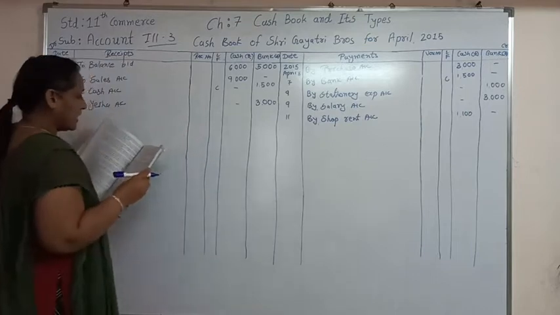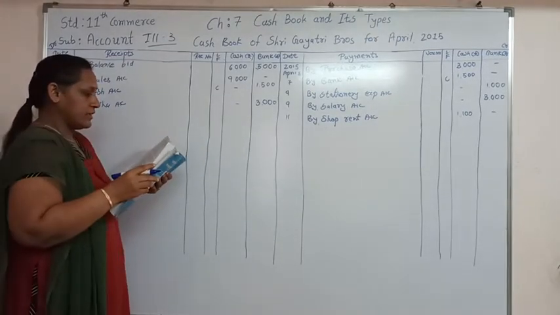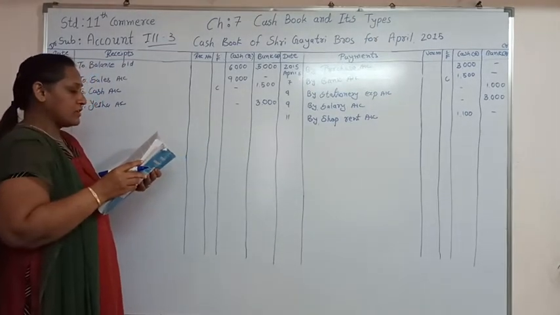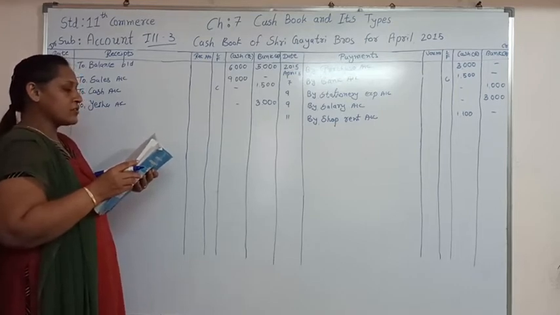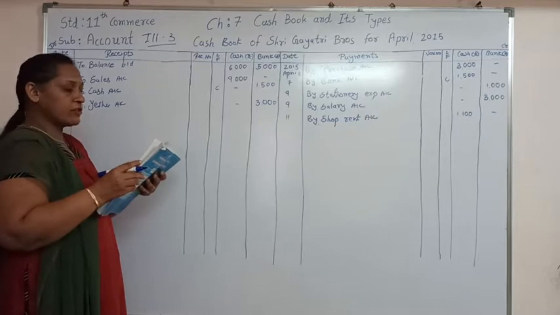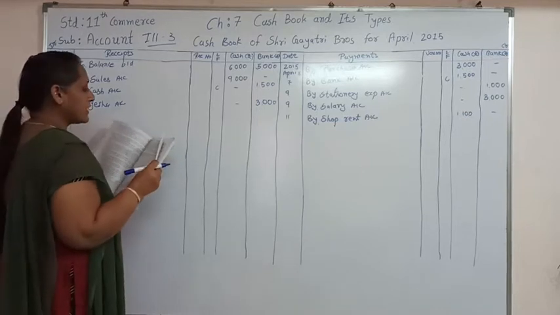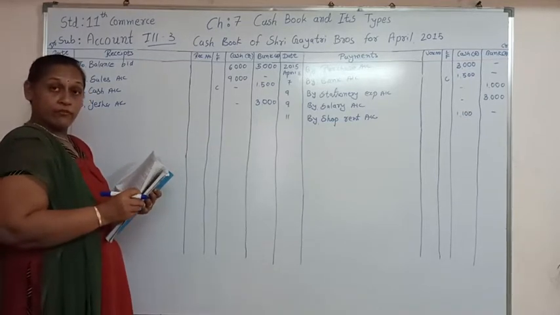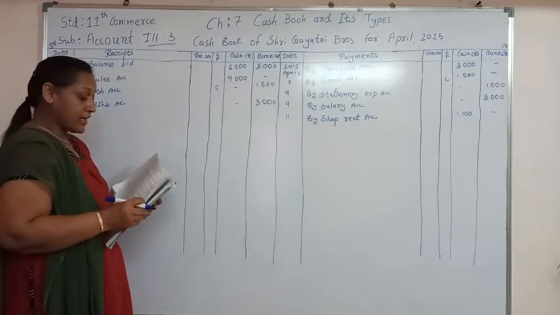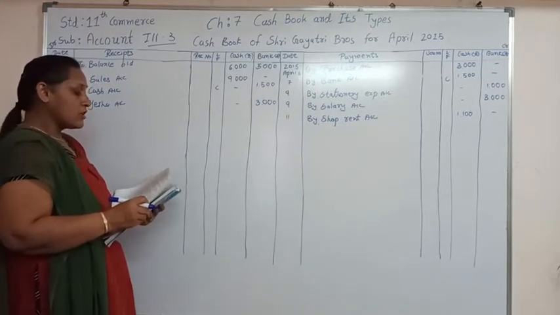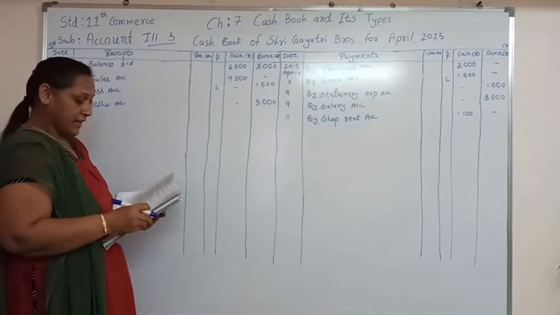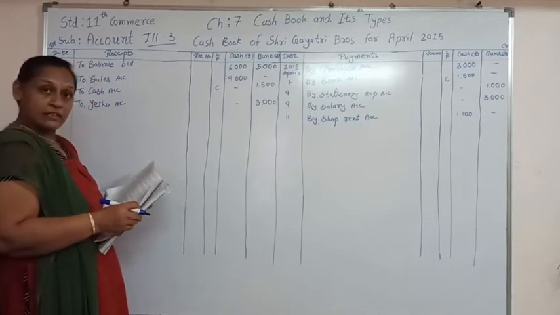Now after that, on 17, rupees 1,000 withdrawn from bank to pay fire insurance. So here we have withdrawn money from the bank for the fire insurance, but yet we haven't paid the fire insurance. So this is called a contra transaction as cash is coming into the business.